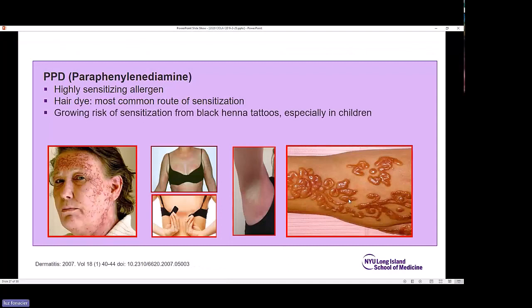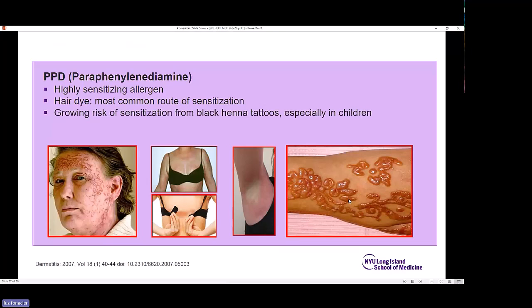We move on to p-phenylenediamine. Again, high relevance. It's a very highly sensitizing allergen. Hair dye is the most common route of sensitization. Usually sensitization starts when men and women get into their 40s, start to have their gray hair, and start using hair dyes.